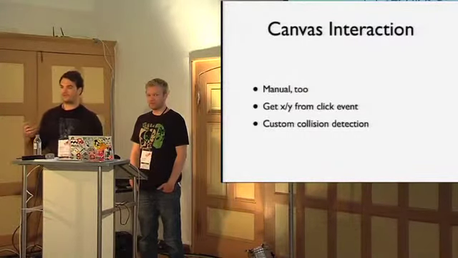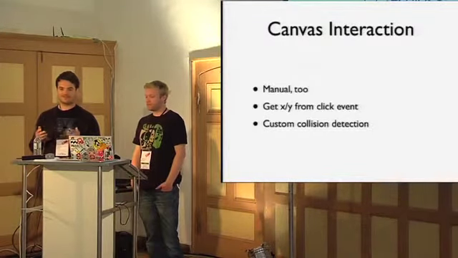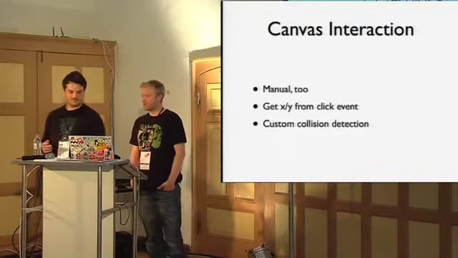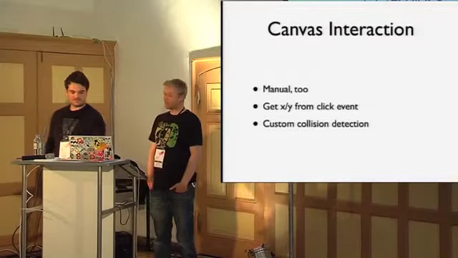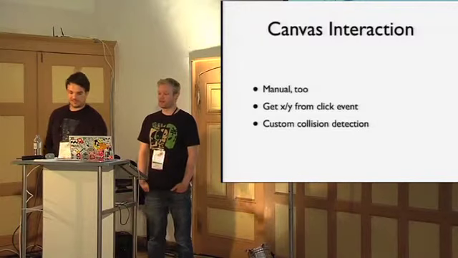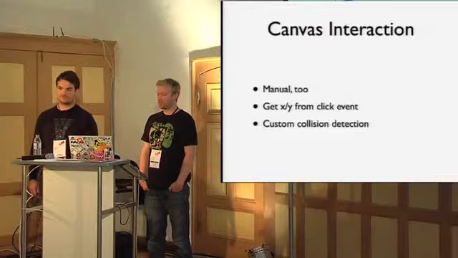So what you have to do is get the XY position from click events, and then calculate by yourself which element has been clicked. That's tedious sometimes, but if you do it right, it works just as well. And there are libraries which simplify that task. If you want to go into Canvas, I recommend checking those two out.